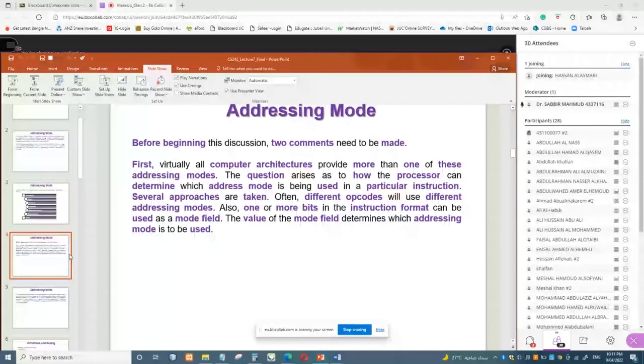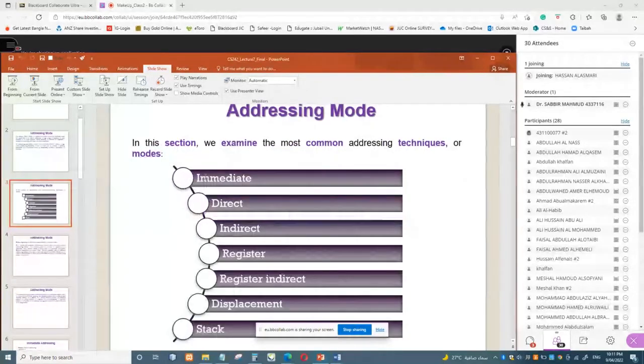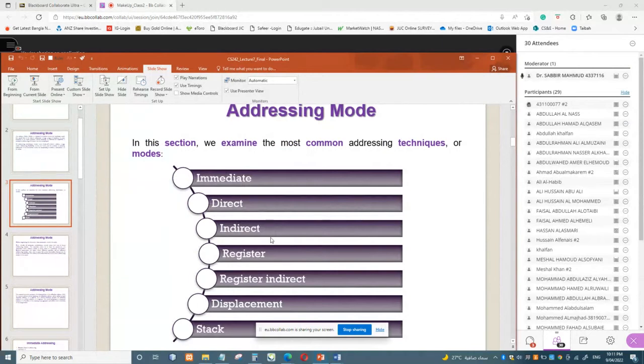As I told you, most computer architectures use either three or four of these addressing modes. Not all of them, but at least three or four are used by most architectures. So the first addressing mode is immediate addressing mode.